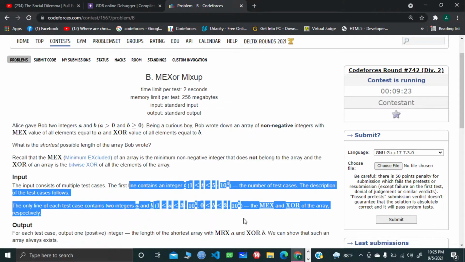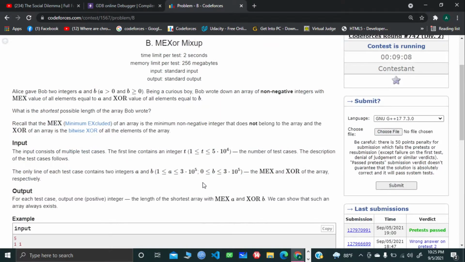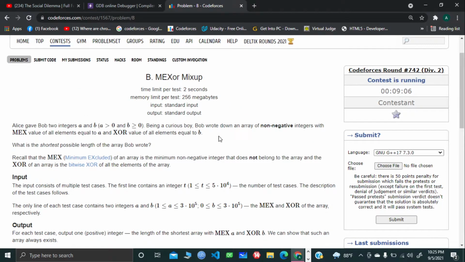You cannot just go for a brute force solution. So we have to think about storing some values, as the constraints of A and B are quite small, 3 times 10 to the power 5. So yeah, that's exactly it.